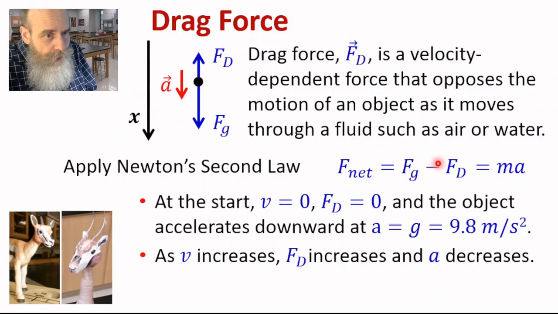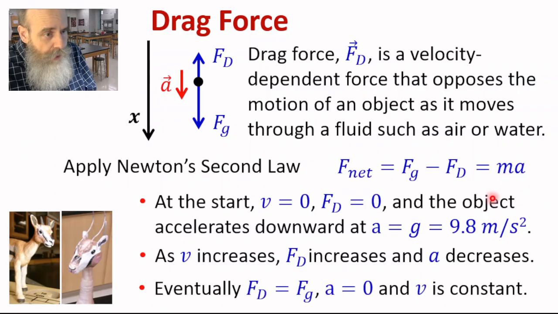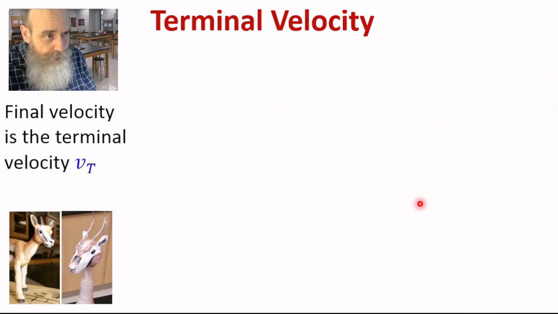And that is going to decrease the net force, which will decrease the acceleration. And eventually, the net force is going to be zero when the drag force equals the force of gravity. In that case, the acceleration is zero and v is a constant value. And that constant value of v at the end is called the terminal velocity.